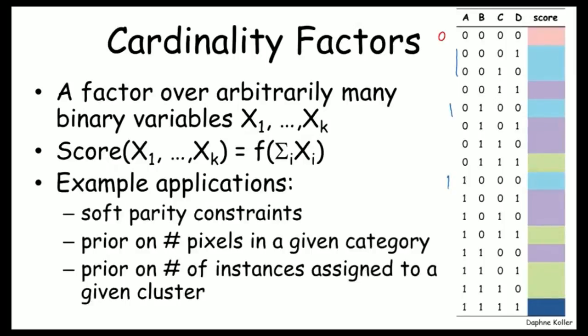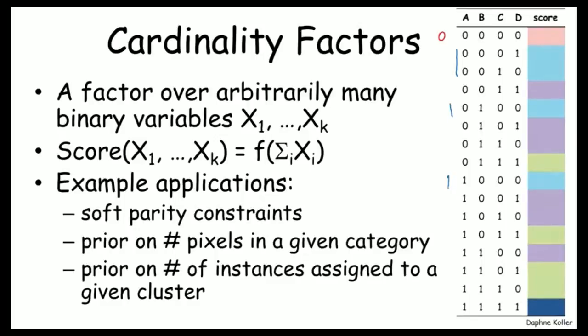And it turns out this actually occurs in quite a number of different applications. When we talked about parity constraints, for example, in message decoding, parity constraints are something that only looks at the number of xi's that are on. If you want to do image segmentation and you want to have some kind of prior on the number of pixels in a given category, you want to say that in this image, we expect the number of pixels that are labeled sky to be between 30 and 70%.